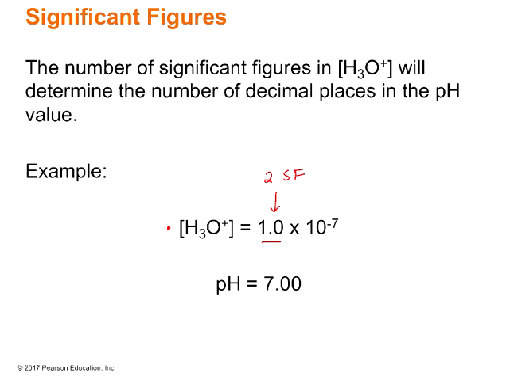And that's going to correspond to the number of decimal places in the pH value. So that's just one of those tricky rules that we have to remember for pH. And this also applies to pOH as well. Now, this will also be true if we go in the opposite direction. So if you're given a pH value of 7.00, that means that your concentration value should also have 2 significant figures.